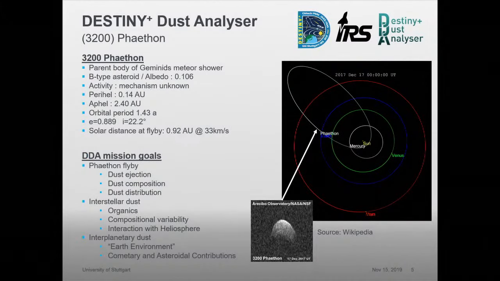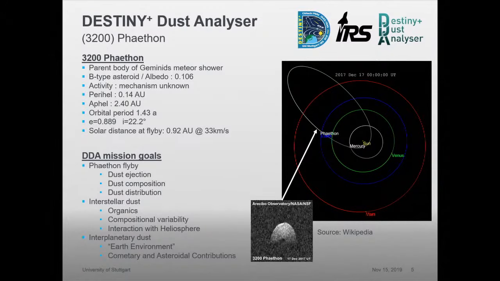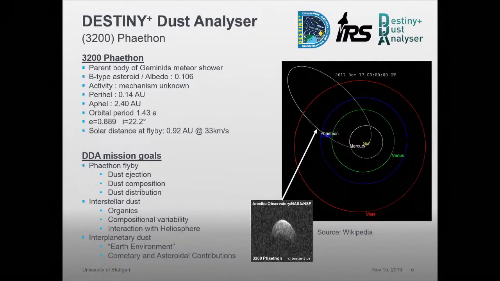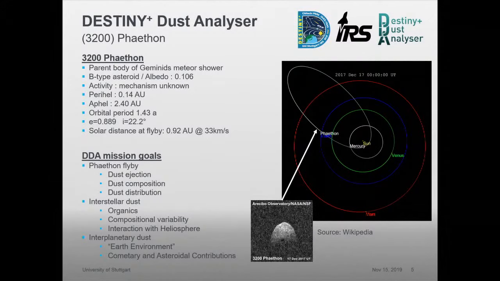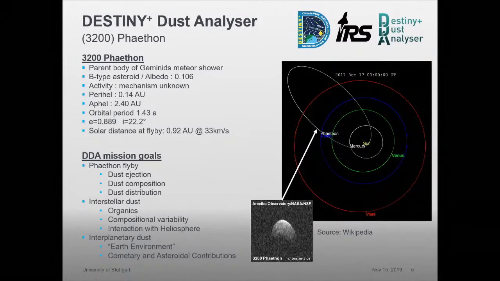Okay, one slide about Phaethon. Phaethon is the parent body of the Geminids meteor shower. It's a B-type asteroid, and what's special about Phaethon is the asteroid is active, but the mechanisms are still unknown.